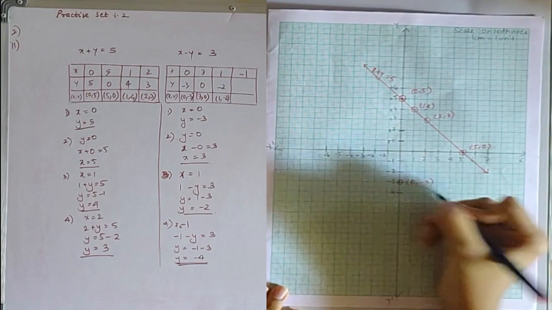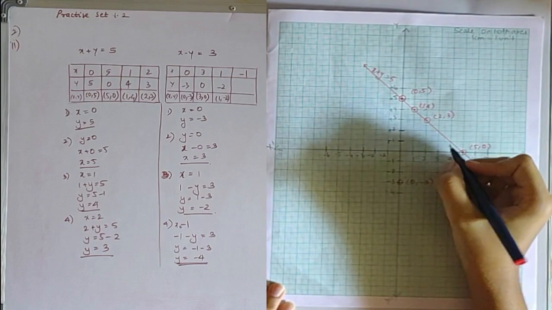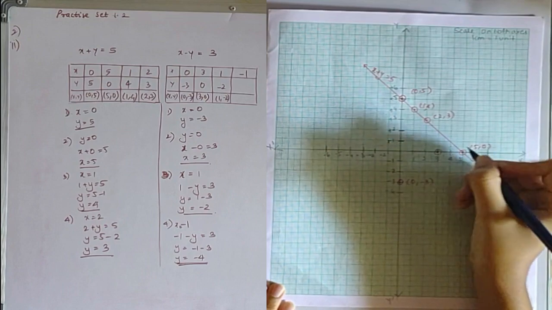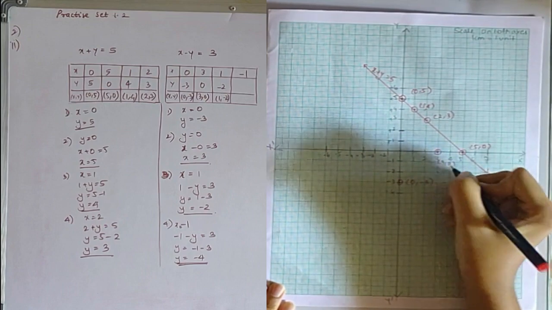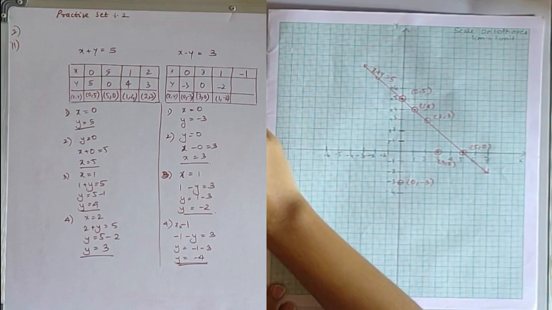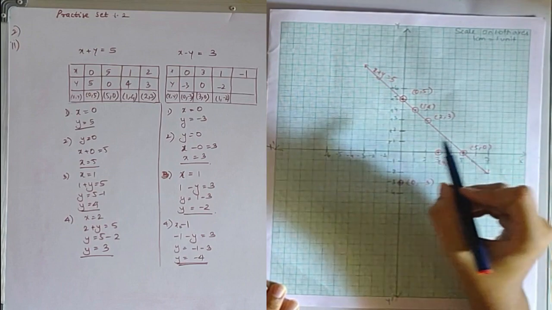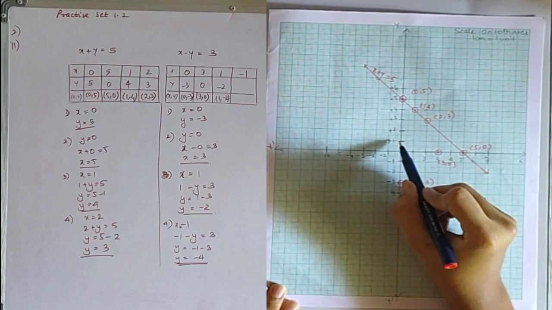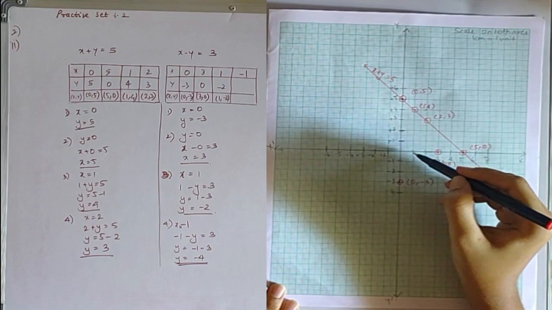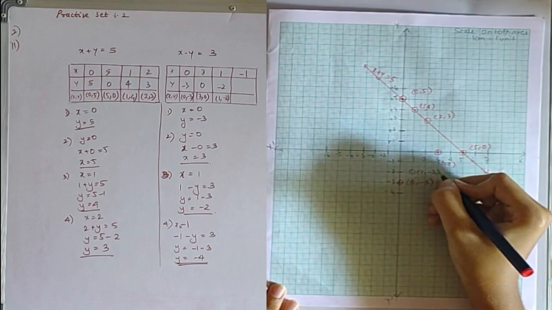Next, 3, comma, 0. So where will be 3, comma, 0? Here. This is my 3, comma, 0. Next, 1, comma, minus 2. So it will be somewhere here. Fine.